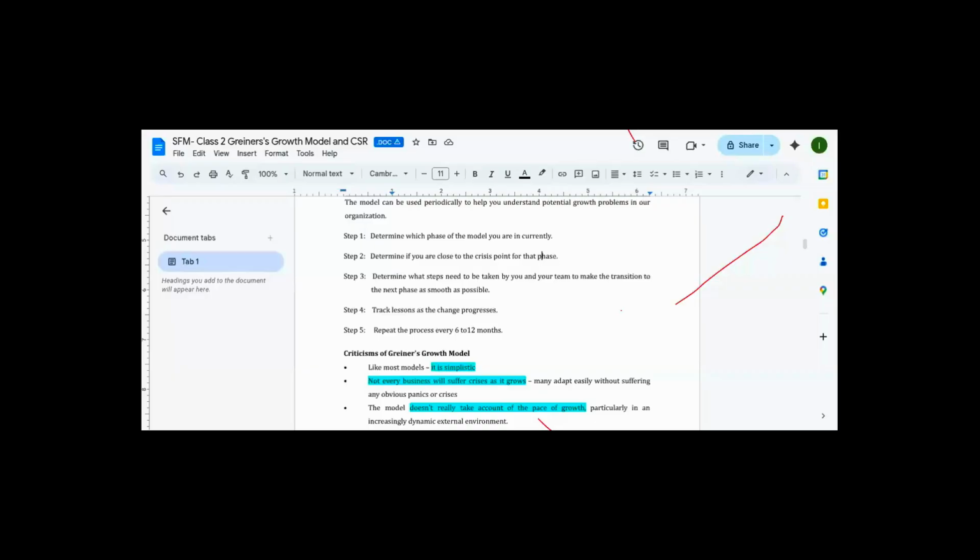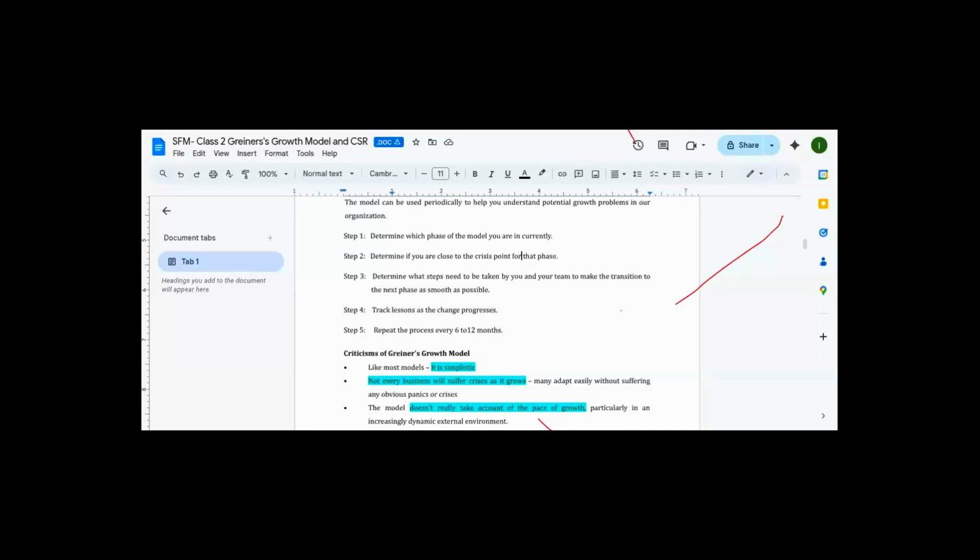So step 2 is now saying determine if you are close to the crisis point of that phase. The crisis of leadership is what we have in phase 1. If the entrepreneur is overwhelmed with a lot of decisions, to the extent that there are some pending decisions that are unattended to, that his own ability is not sufficient to make all strategic decisions, he needs a sort of assistance or delegation of duty, then we know that yes, I'm close to leadership crisis.